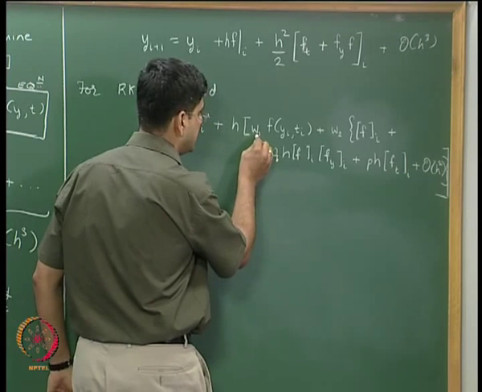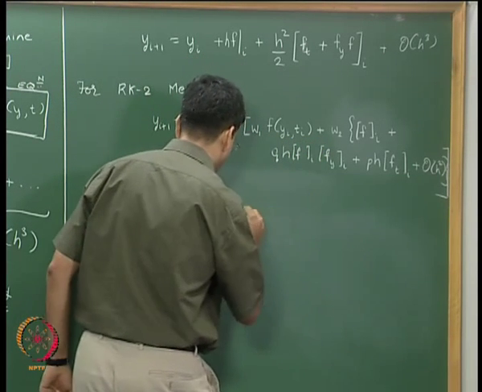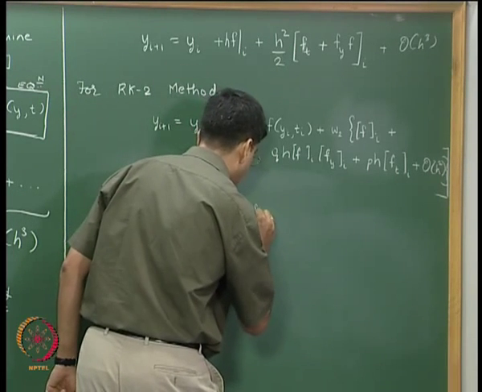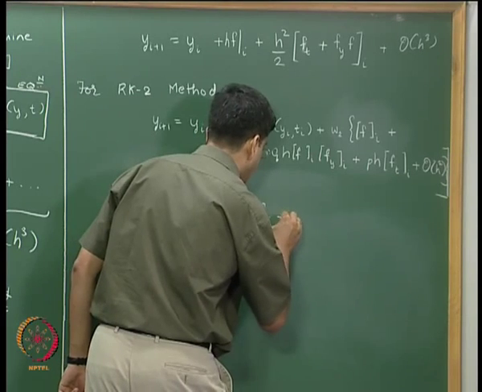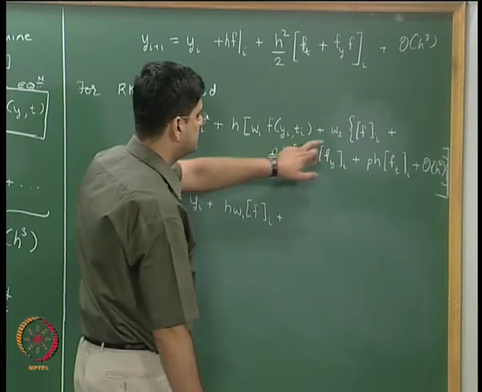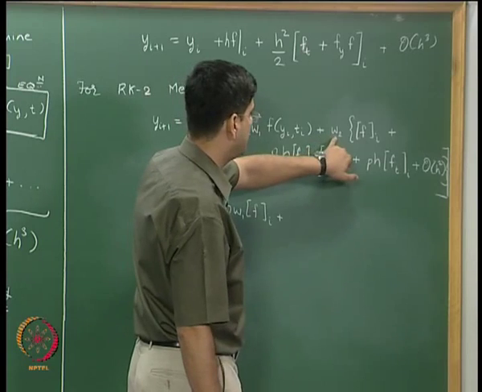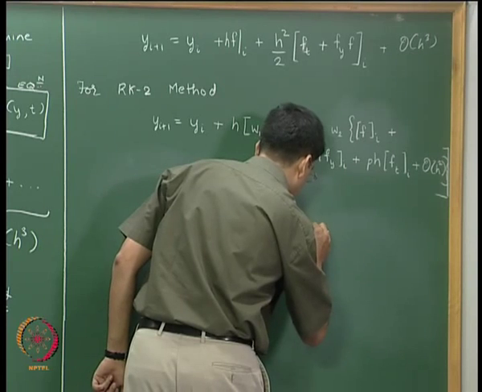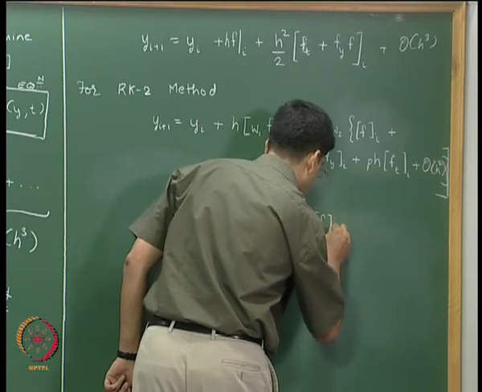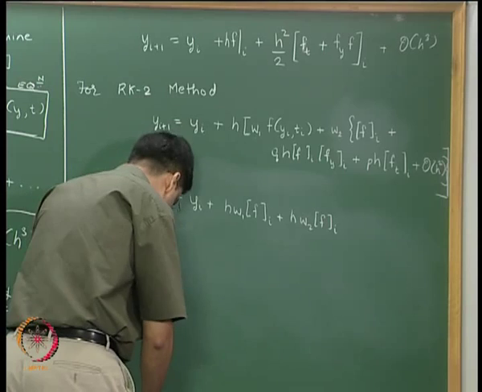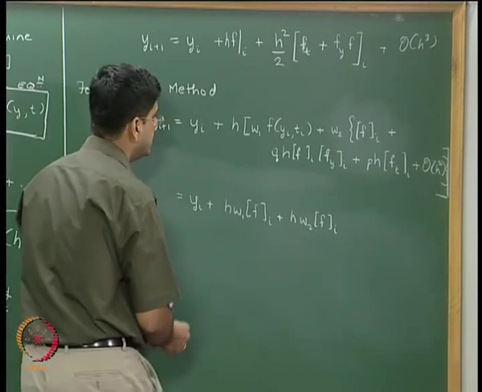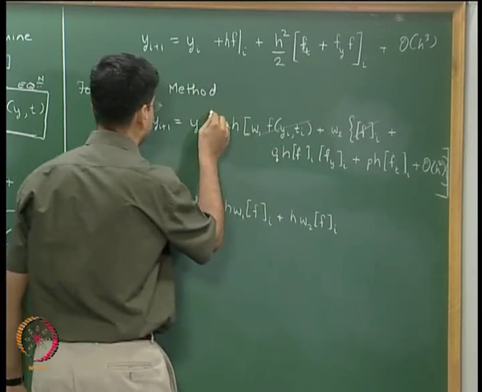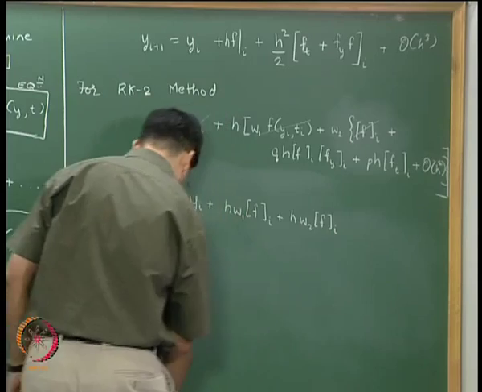So, we have h multiplied by w1 multiplied by f computed at yi comma ti, okay, plus the other term that is computed at I is h multiplied by W2 multiplied by f computed at I, okay. So what I will do is I will just strike out these two terms, so that we know that we have taken care of those terms in this particular equation, okay.